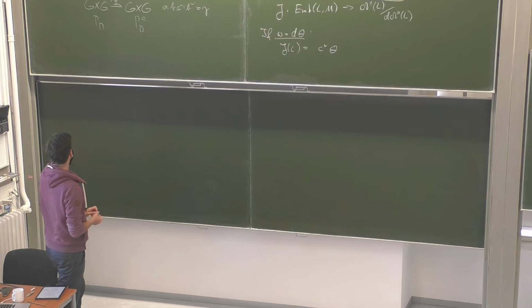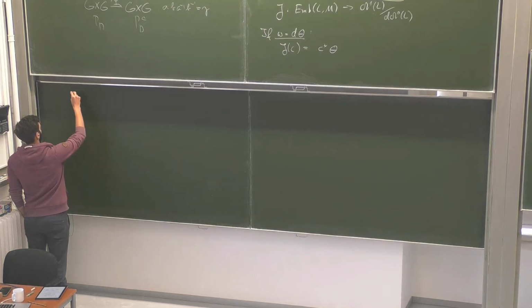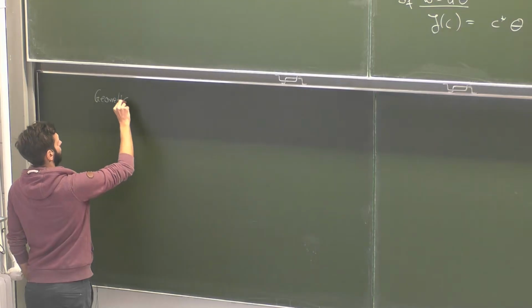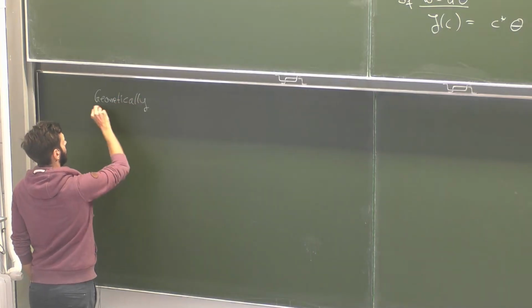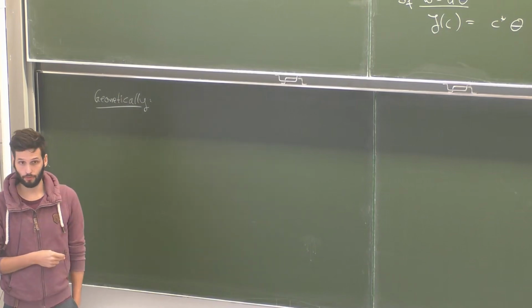And there's one way out of this problem, and that's the following: we can think of the dual geometrically. So we have the dual, which is 1-forms modulo exact forms.